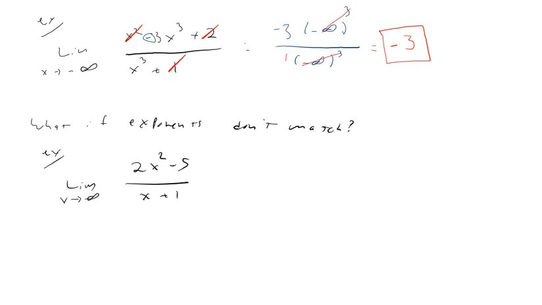Again, the only thing that matters is the biggest exponents. So I'm going to ignore the 5, and I'm going to ignore the 1. My biggest exponent on top is 2x squared, and on bottom it's just the x by itself. So these are the only ones that matter.